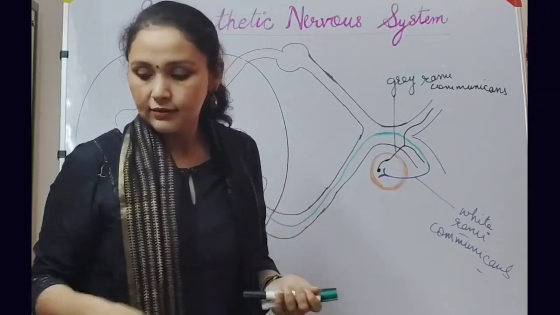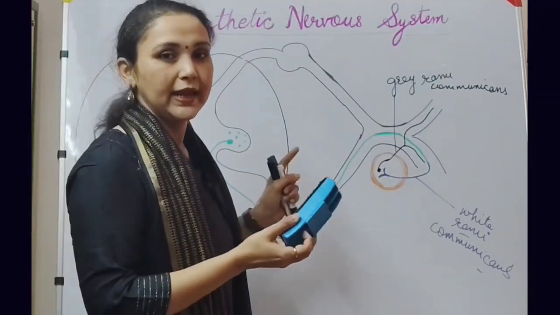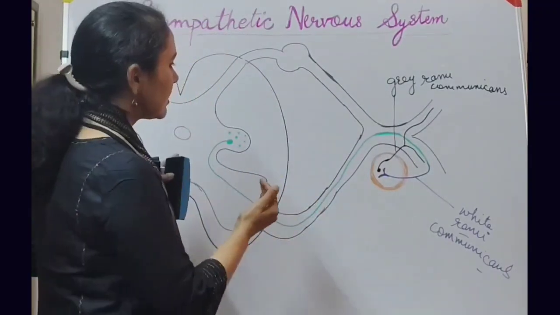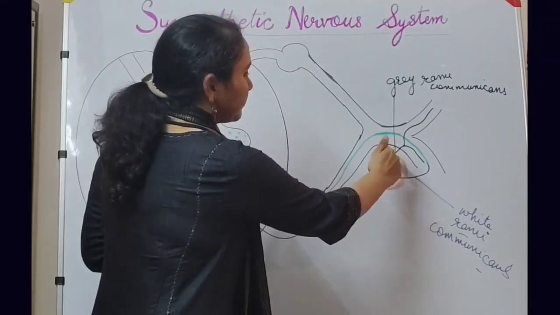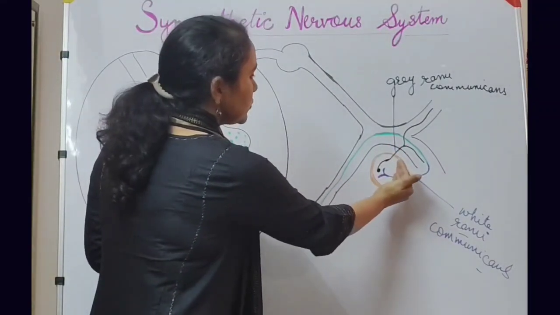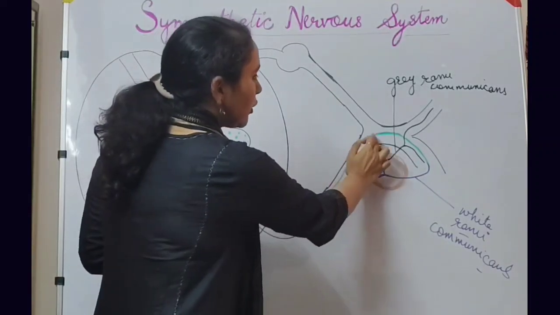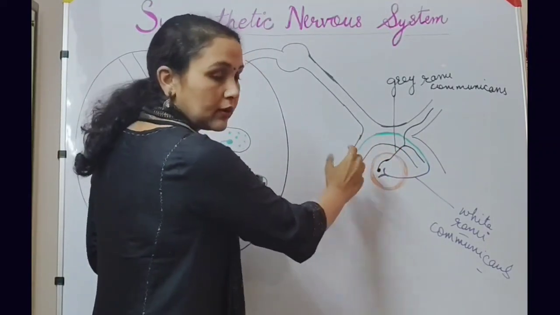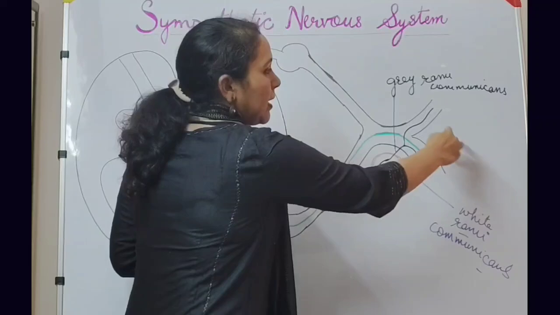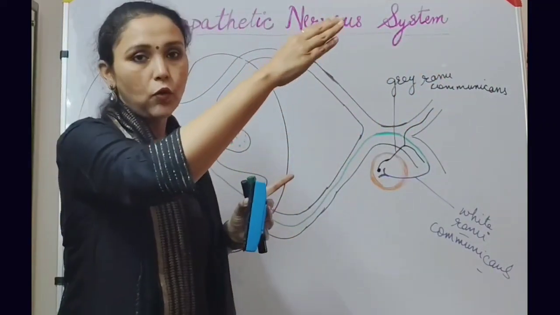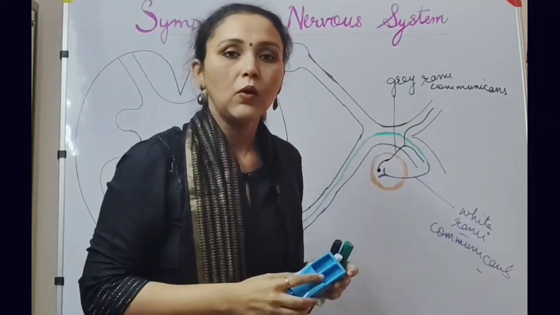So this is a simple way of explaining the sympathetic system. You can understand by this that the sympathetic ganglia is situated so close to the spinal cord. So the preganglionic part is very short, whereas the postganglionic part has to travel to their target organs, so it is going to be very long.